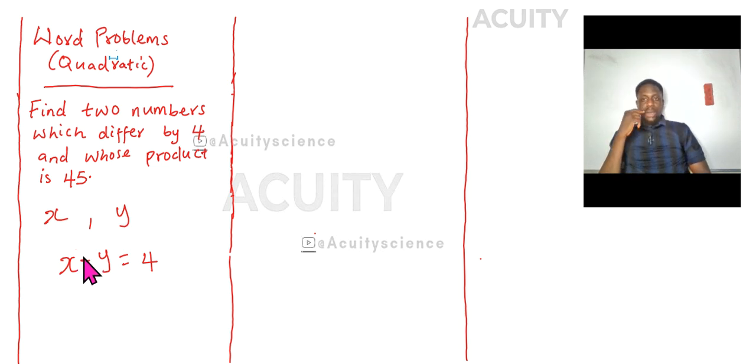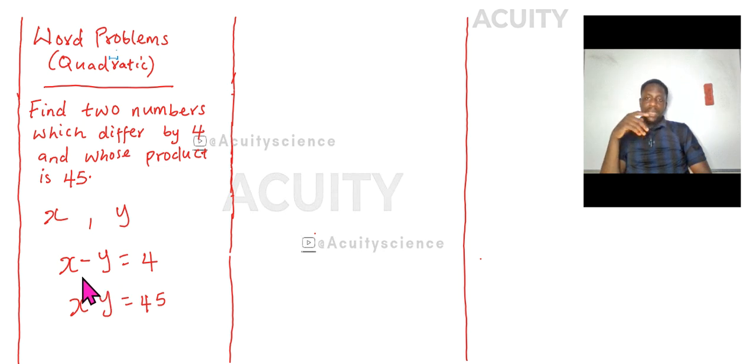Okay, now the second description is their product is 45. That means x times y equals 45. With these two pieces of information, we can do a simultaneous equation, preferentially the substitution method.